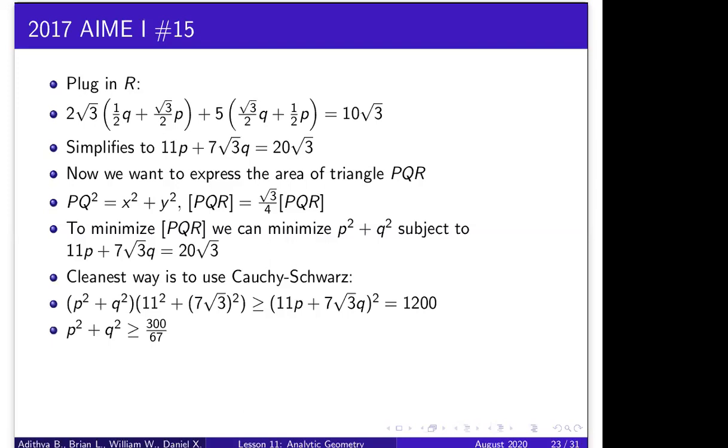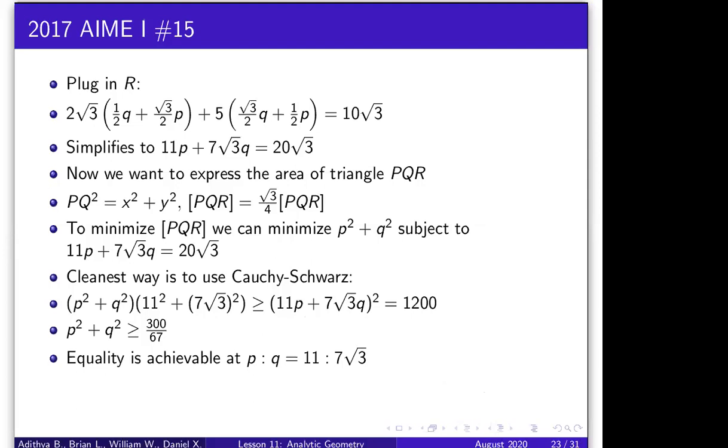So then you just get P squared plus Q squared is at least 300 over 67, right? So then you can check that this is actually satisfiable because Cauchy also happens to give you the equality case, right? You would have the equality case when the ratios are equal, right?